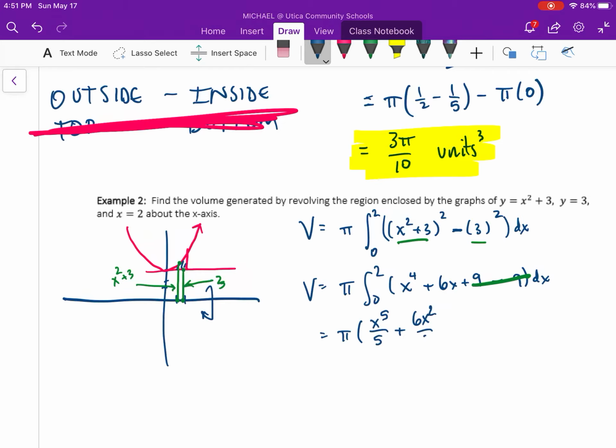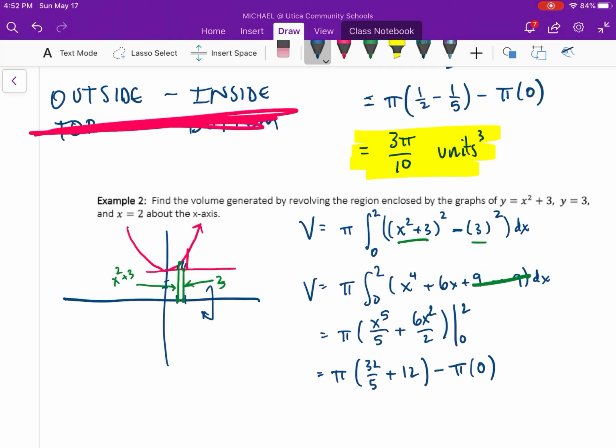So the integral of x to the 4th is x to the 5th over 5 plus 6x cubed over 3 from 0 to 2. All right, so let's plug that in. Pi times 32/5 plus, let's see, 2 squared is 4, 4 times 3 is 12, minus pi times, when I plug in a 0 to both of those, I get zeros.